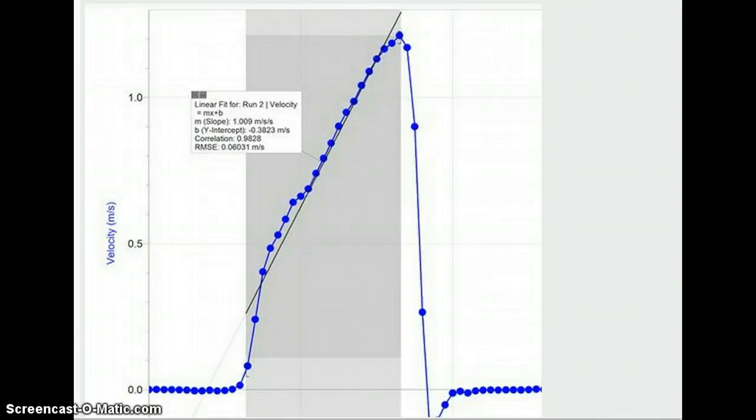And finally, the third bit of evidence is also pretty subtle. One might ask, well, why did the students choose this range to fit as opposed to this range here? Why not include this piece, this abrupt jump from 0 up to about 0.4 meters per second?